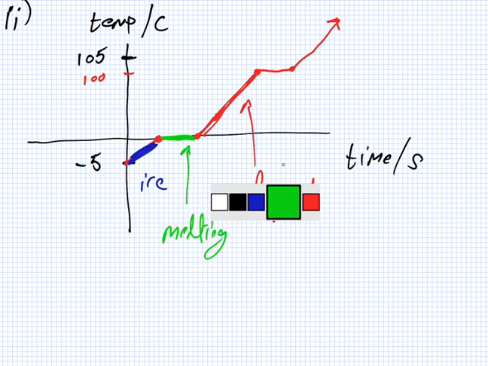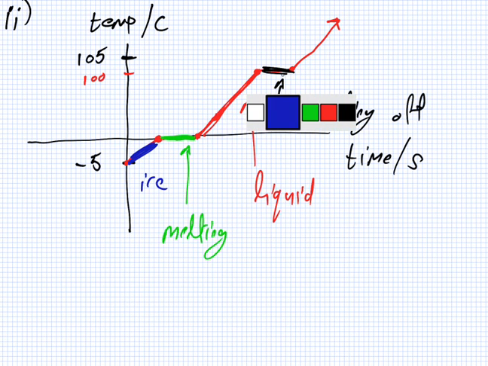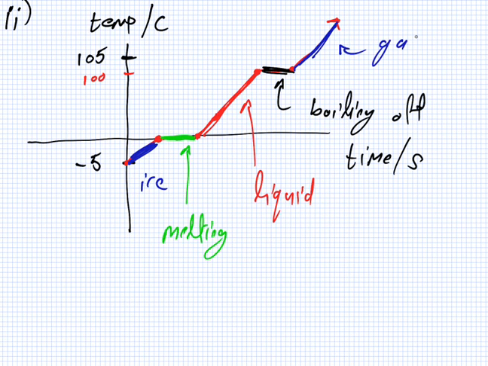And then this piece here, this is when it's boiling off. So this is when it's changing from a liquid to a gas, yeah. And here's a gas. So actually, this here I'll put as a solid rather than ice. So this one here is a solid.